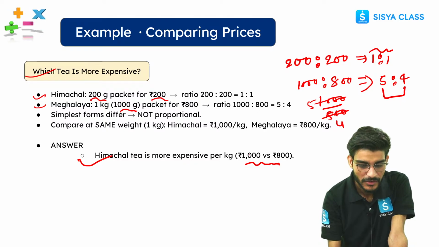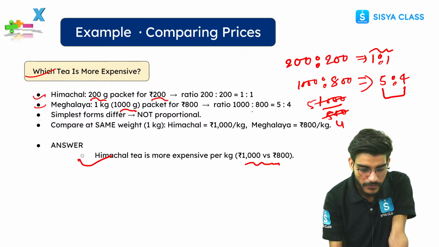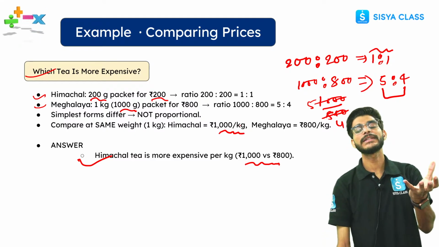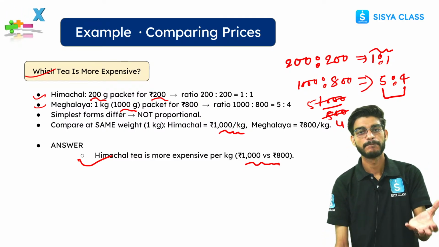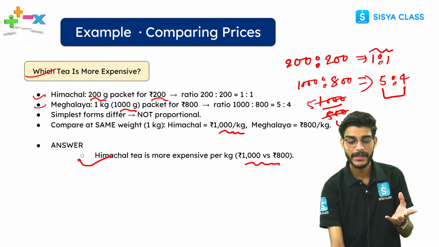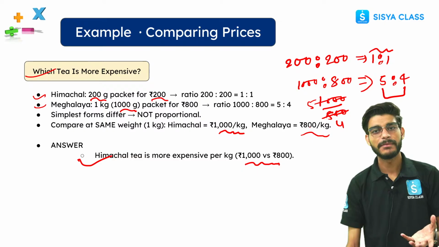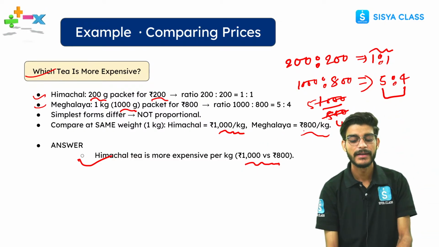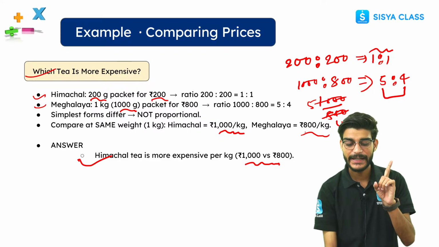Because for 1 kg in Himachal we have rupees 1000. For 1 kg of packet we have rupees 1000, but in Meghalaya for 1 kg we have rupees 800. That's it. For Meghalaya, for 1 kg it is rupees 800.